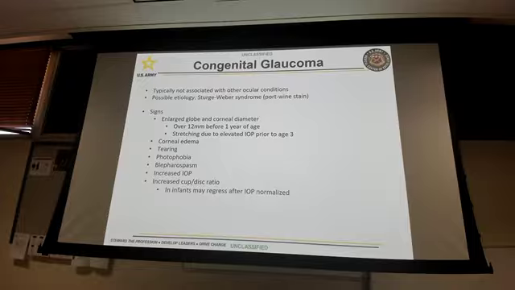Signs of congenital glaucoma: enlarged globe, or sort of enlarged eye, and their cornea diameter tends to be over 12 millimeters before the age of 1. Right? There is some corneal edema going on, tearing, photophobia, blepharospasm, and increased intraocular pressure, as well as an increase in cup to disc ratio.